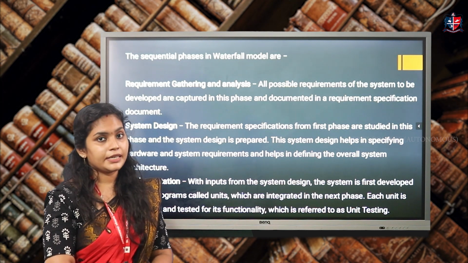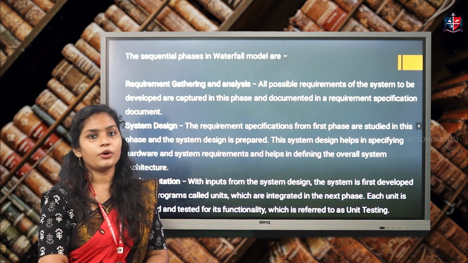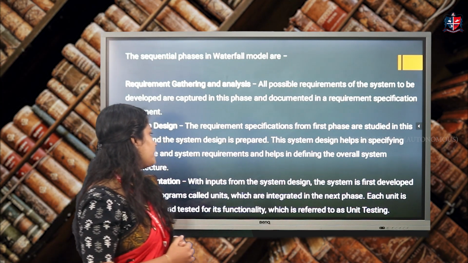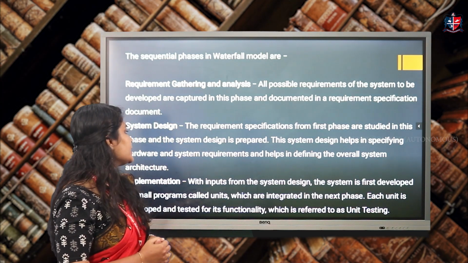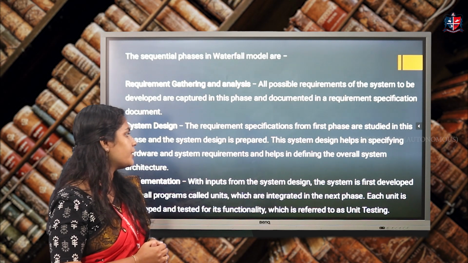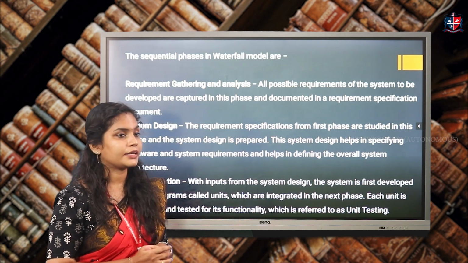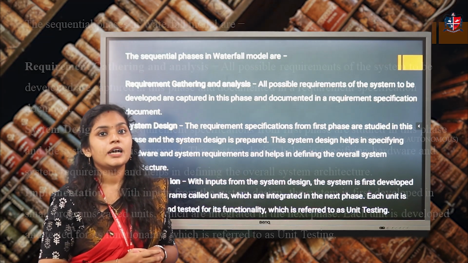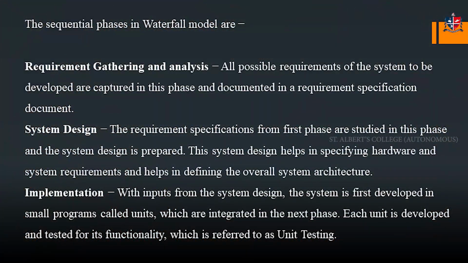So based on that design, it is easy for the developer to develop that particular product. This system design helps in specifying hardware and system requirements and helps in defining the overall system architecture. In system design, the developer will also identify the system specifications and hardware and software specifications for doing the entire project.